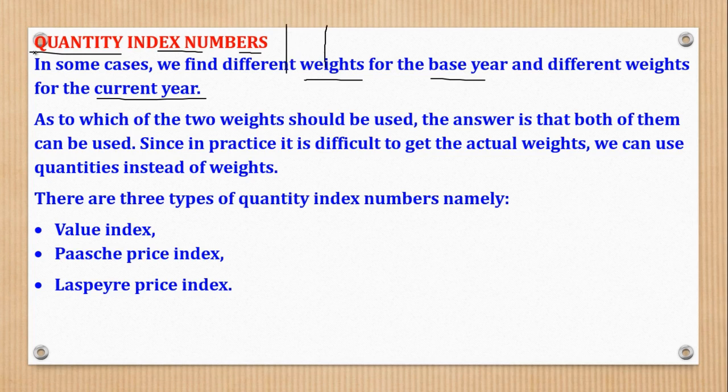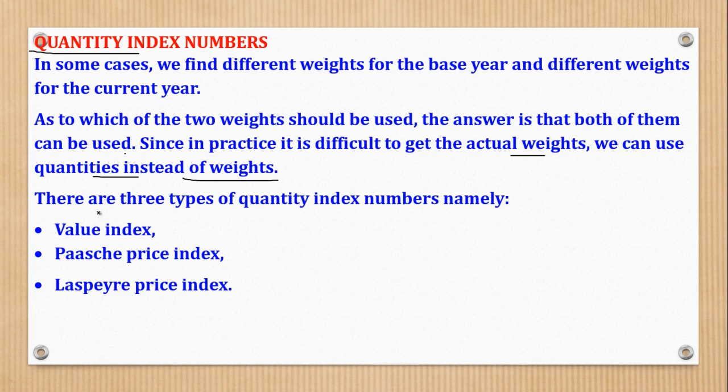That is where these quantity index numbers come in. As to which of the two weights should be used, the answer is that both of them can be used. Since in practice it is difficult to get the actual weights, we can use quantities instead of weights. That is why we call it quantity index number.